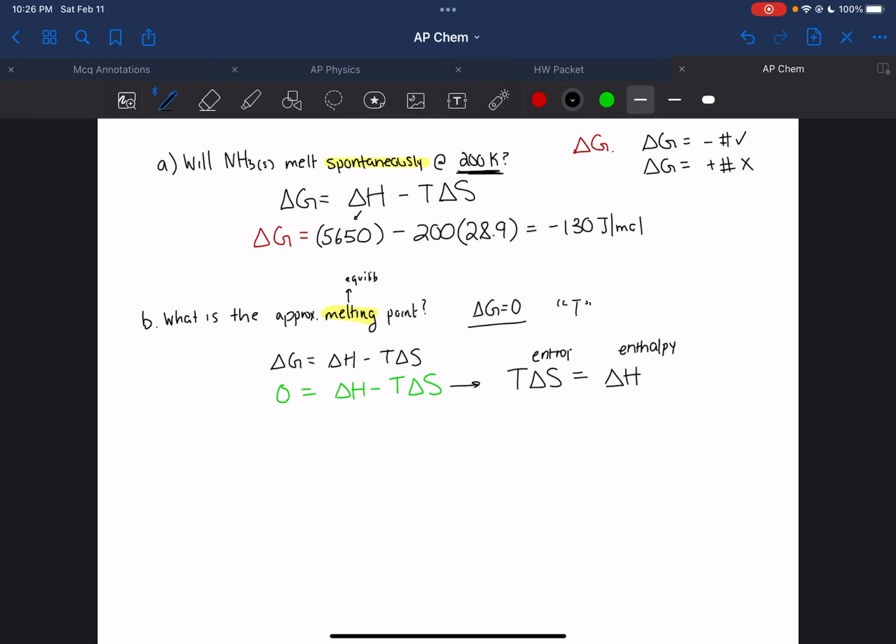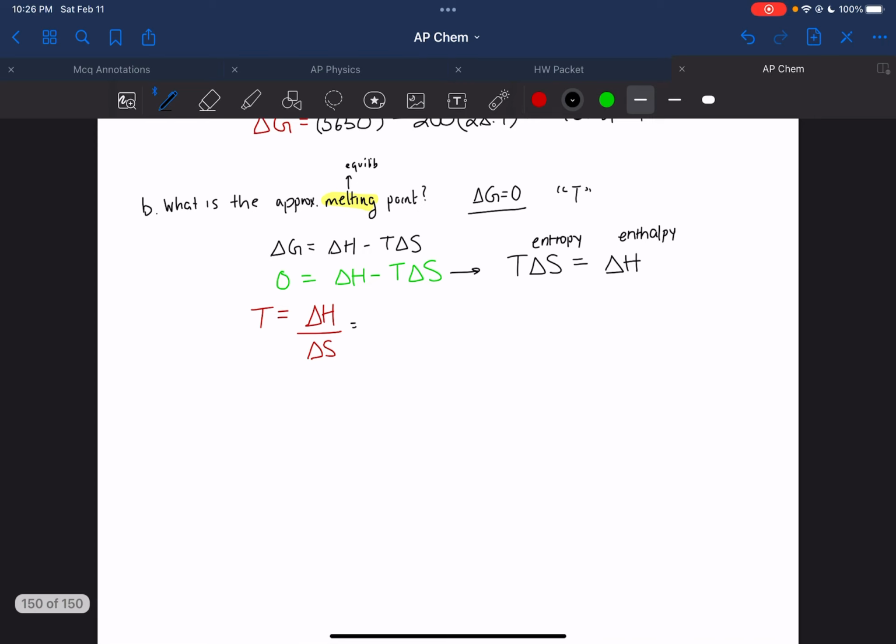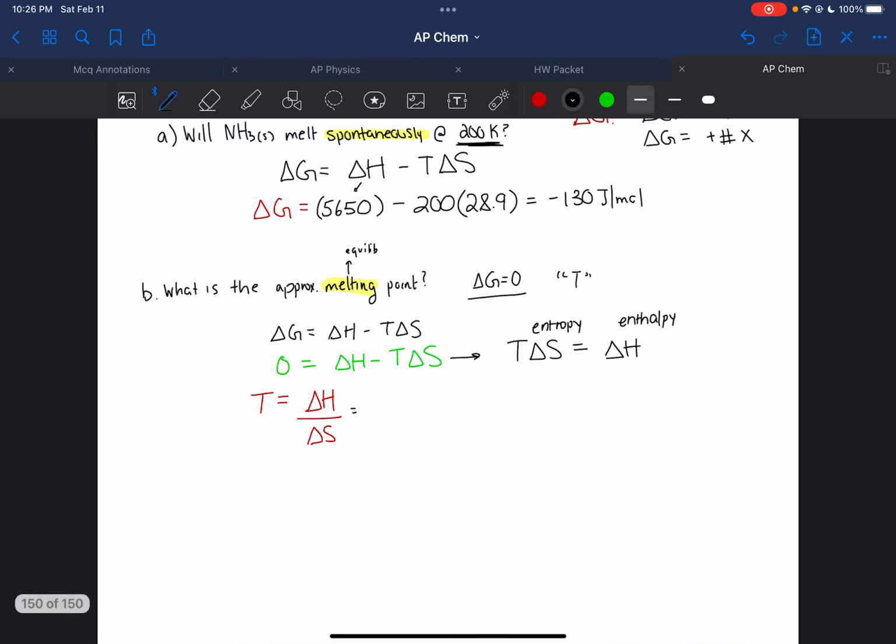It's a play on words here, guys. The temperature is what I'm looking for, so my temperature is equal to my enthalpy divided by the entropy, right? I'm going to convert this to joules as well. They have to be in the same unit.